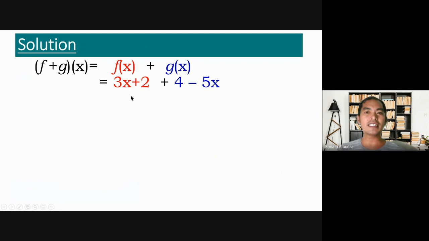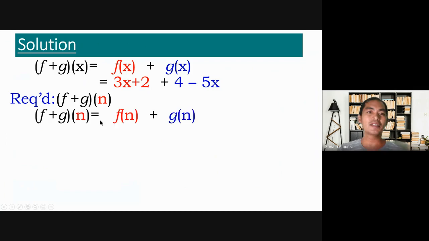Then after that, you write first the given of the first function f and the second function g. Then substitute the independent variable by the value which is n. So what you will do is replace x by n in f and x by n in g.